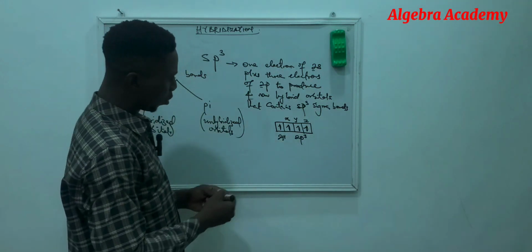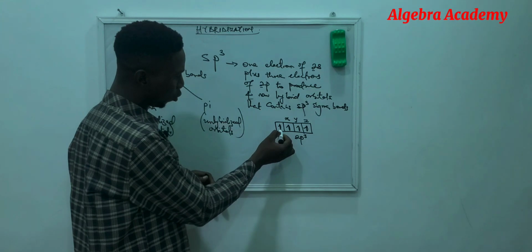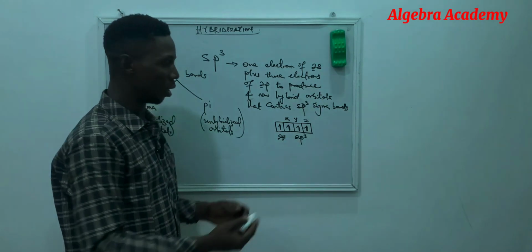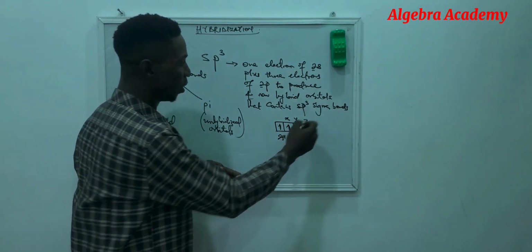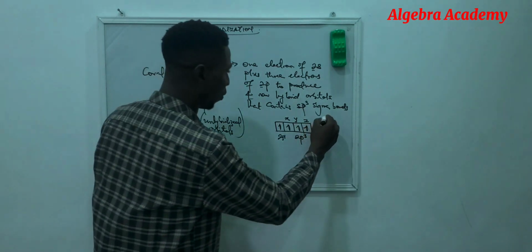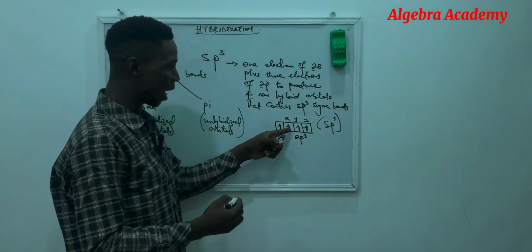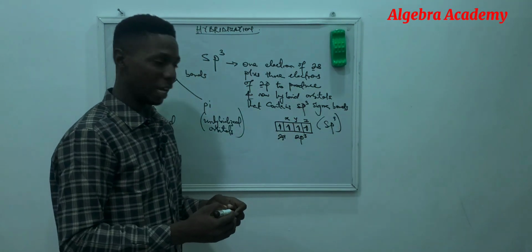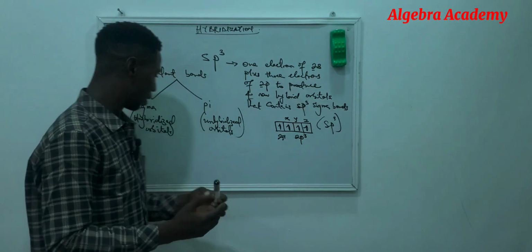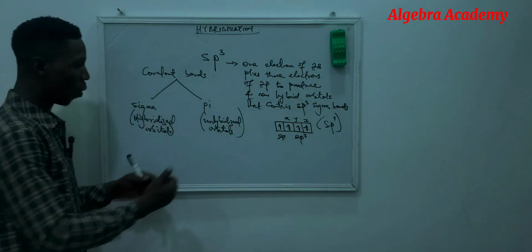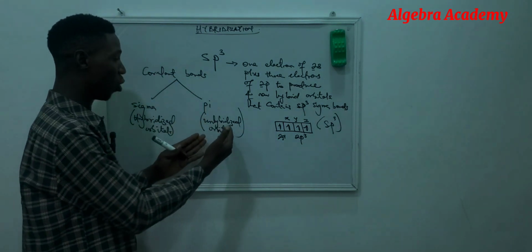Now, we have 1 electron of 2s and 3 electrons of 2p coming together to form, this is a typical diagram of sp3 hybridization, because we have 1s and 3p. And what I was talking about the other time, that sigma bonds are formed due to hybridized orbitals, while pi bonds are formed due to unhybridized orbitals.